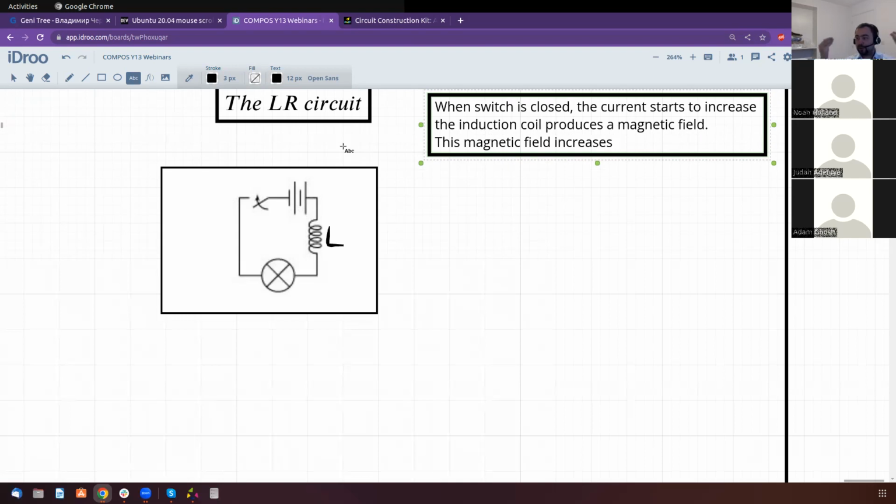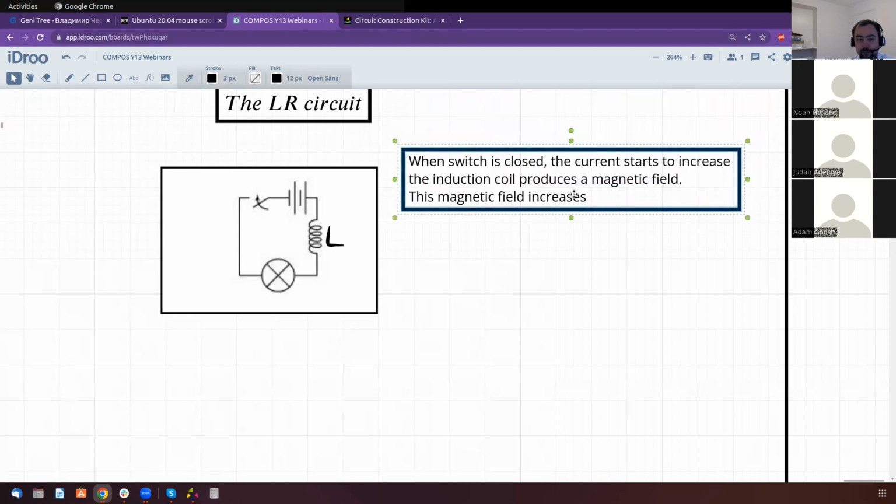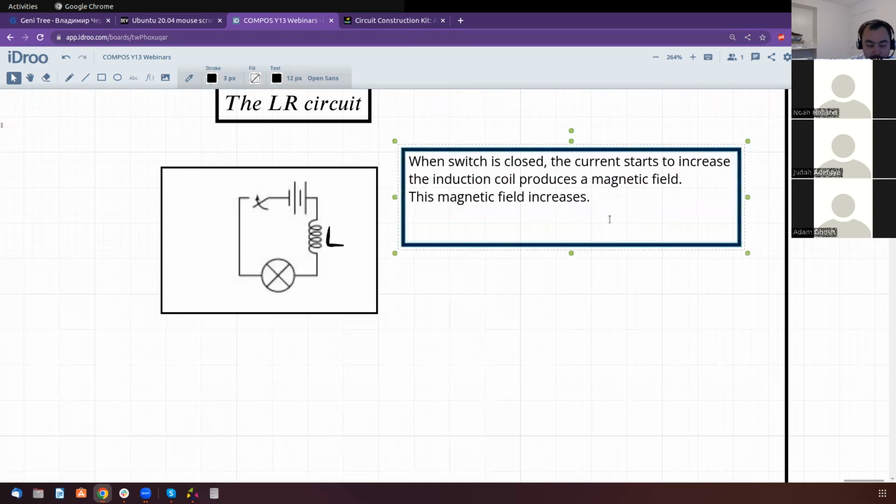Because a coil produces a magnetic field, and this magnetic field increases. Does that make sense? Coils do not like change. So Noah, Judith, does it make sense to you that the coil produces a magnetic field, this magnetic field increases?